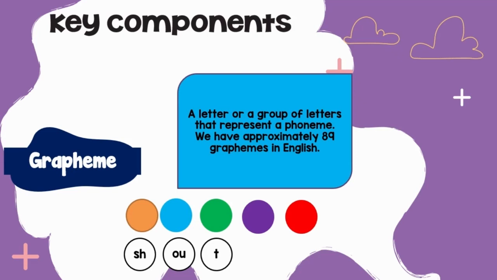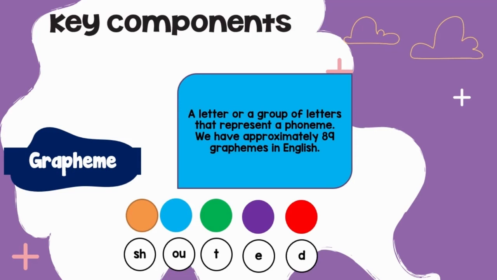So we're going to have shouted. Okay? And that is basically what orthographic mapping is. It is matching the sounds, the phonemes, with the graphemes, the corresponding letter or letters that represent those sounds. And that is what phonemic awareness is.